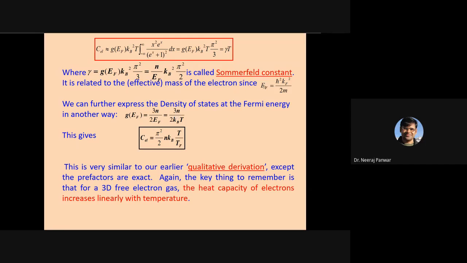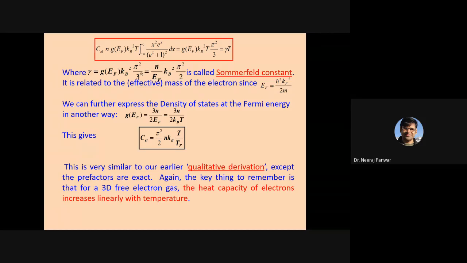So now we have in the denominator EF, the expression for Fermi energy, that is equal to h cross square kF square by 2m. So this gamma constant is related to the mass of the electron, because EF is in the denominator. So m here will come in the numerator.